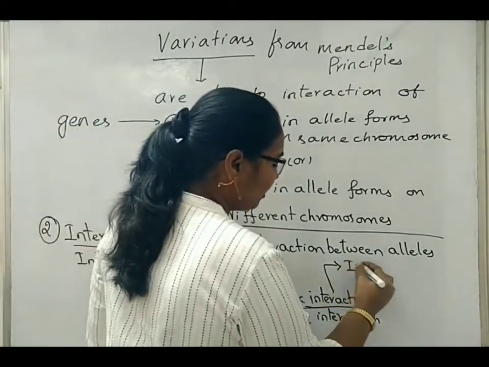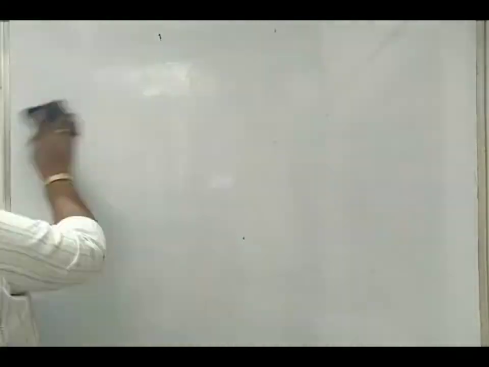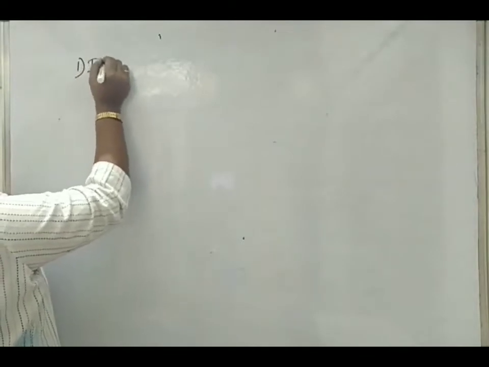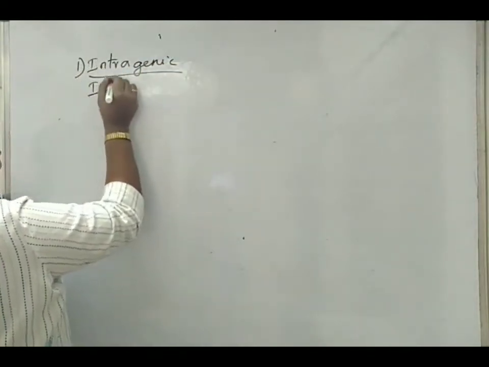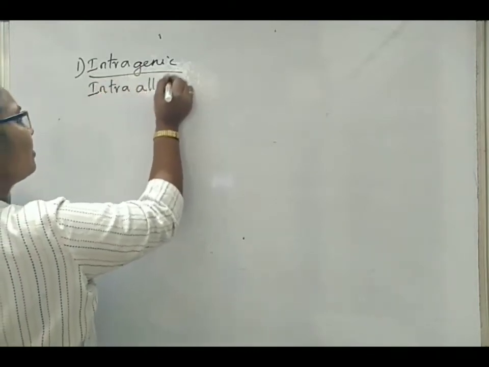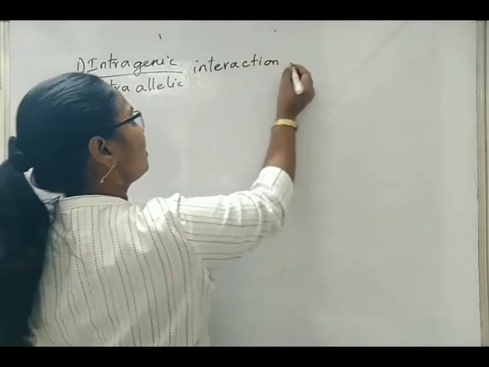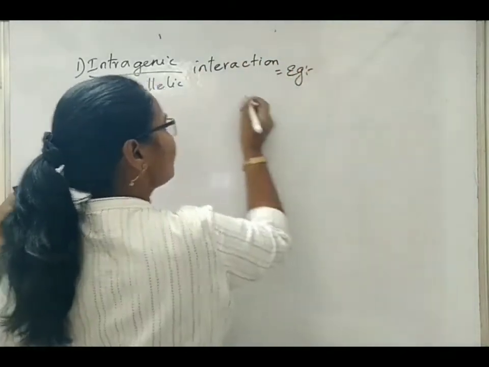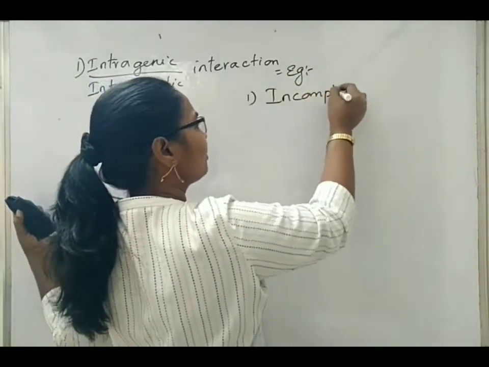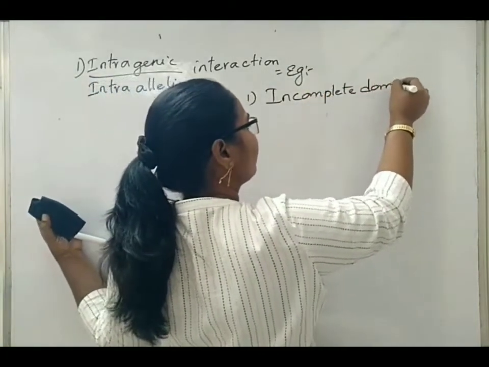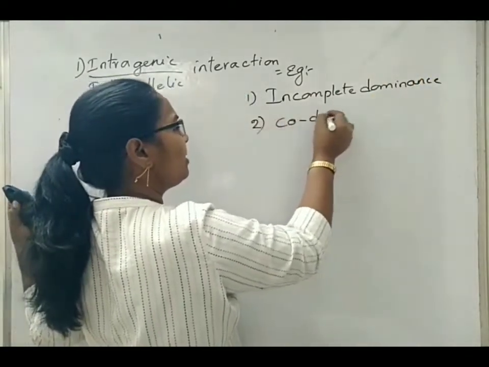Examples are incomplete dominance, that I will write clearly, separately. So here examples are: 1. Incomplete dominance. Second example, codominance.